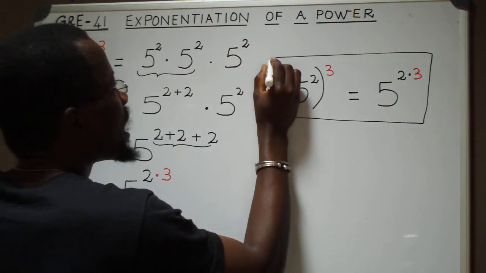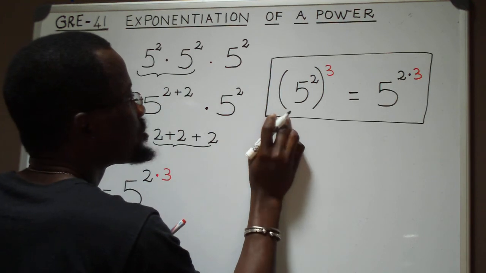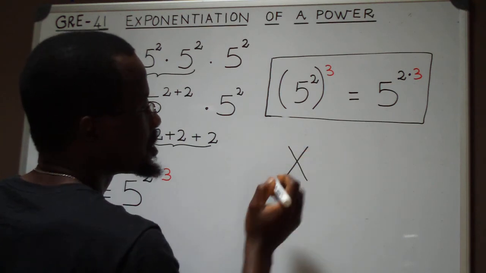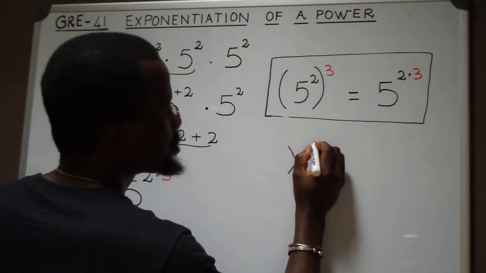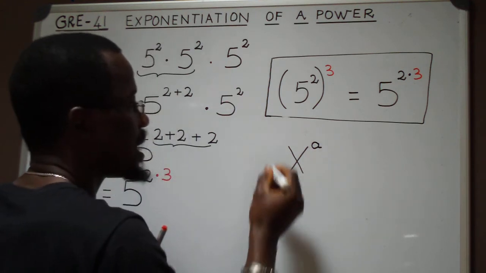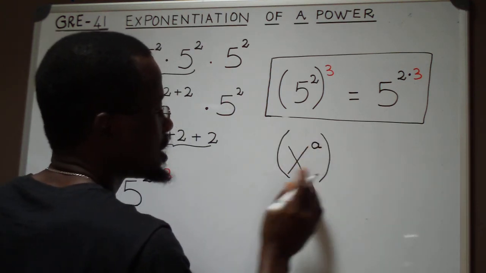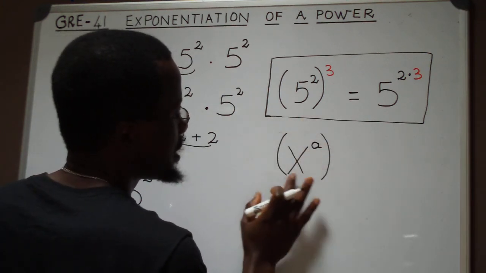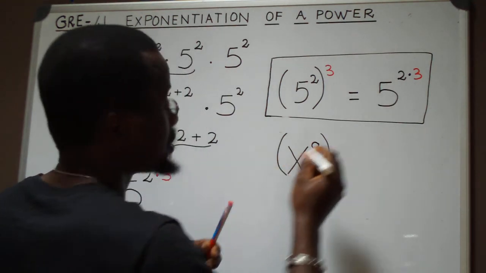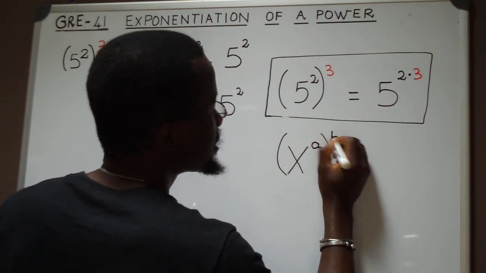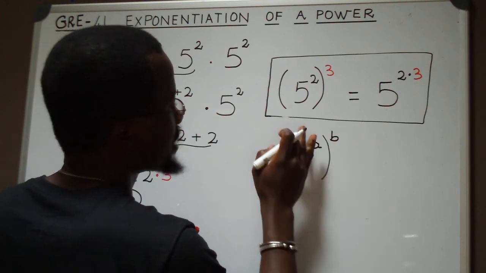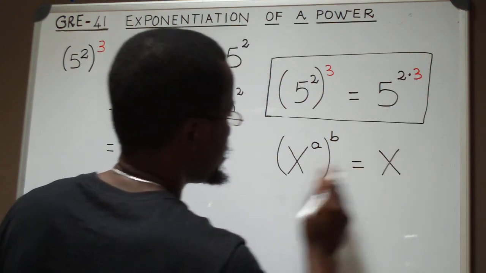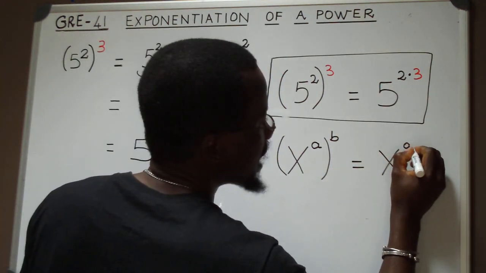Now, to generalize this formula, if I'm given a number x, and that number x is raised to an exponent a, and then the power that I obtain is again raised to an exponent, let's say b, then this expression is equal to x, the base, raised to the exponent a times b.